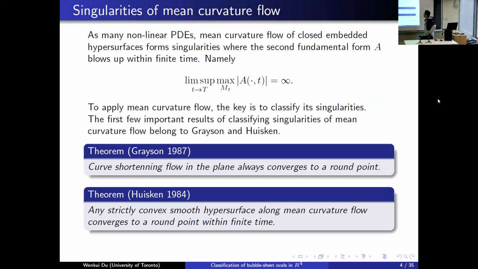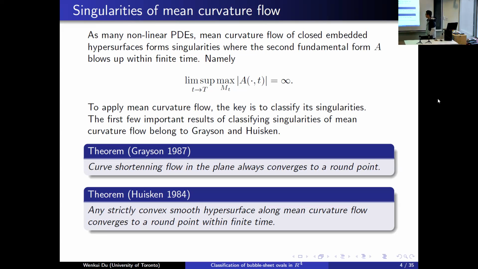Let me first recall some classical results about the classification of singularities of mean curvature flow. First of all, Grayson showed that the curve shortening flow, which is the mean curvature flow in the plane, always converges to a round point. Here, the round point means that if we zoom in, we will get a circle.